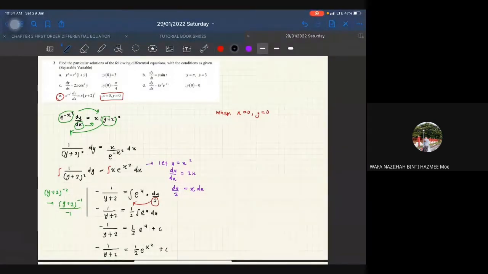So awak akan dapat negative 1 over 2 equal to 1 over 2 e to the power of 0 squared plus c. Okay, so yang ini dia akan jadi 1. So awak ada negative 1 over 2 equal to 1 over 2 plus c. So c is equal to negative 1.